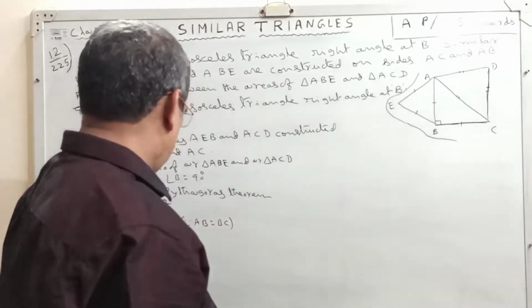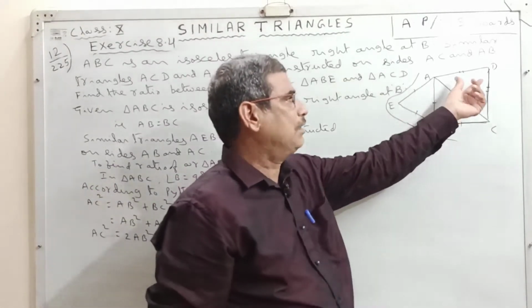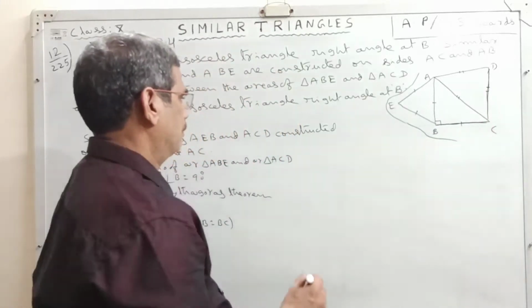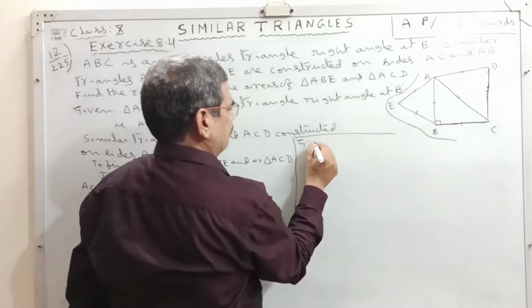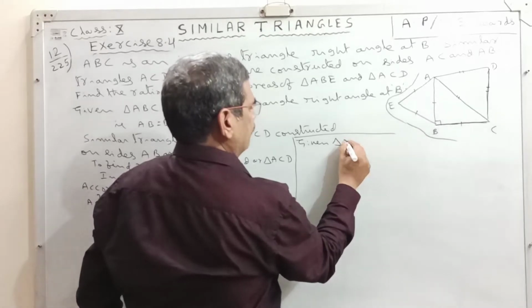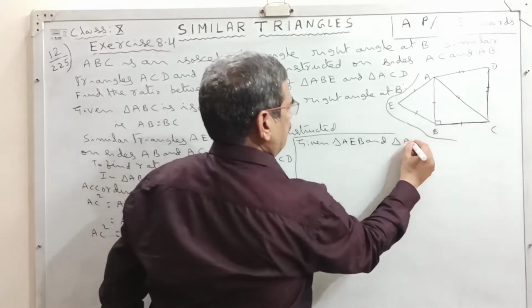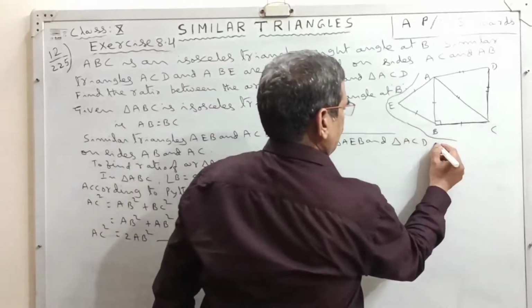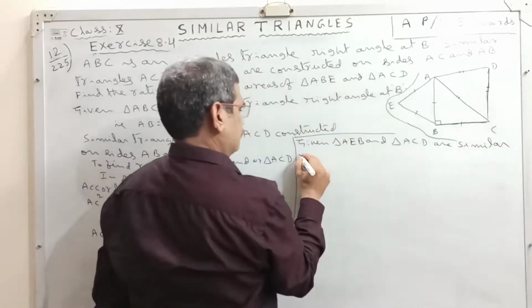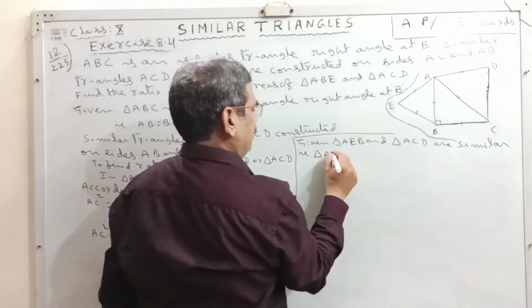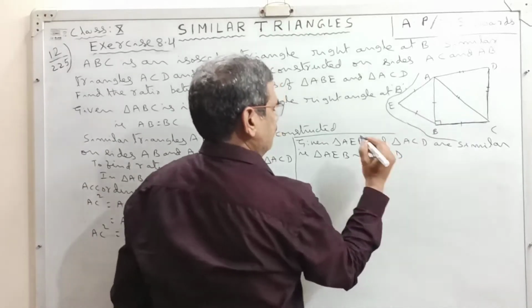So that is one point. Second, it is given that triangle AEB and triangle ACD are similar, that is, triangle AEB is similar to triangle ACD.